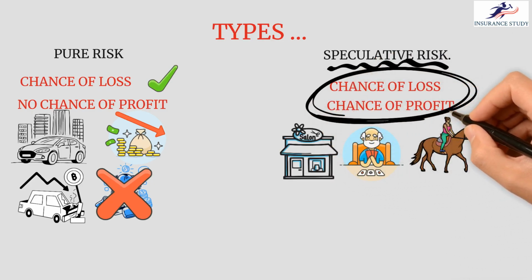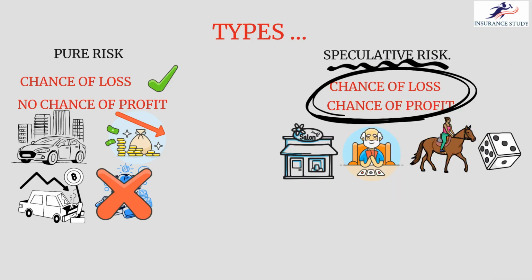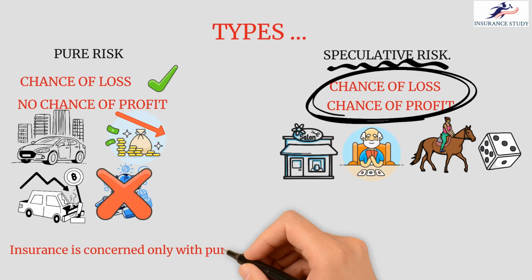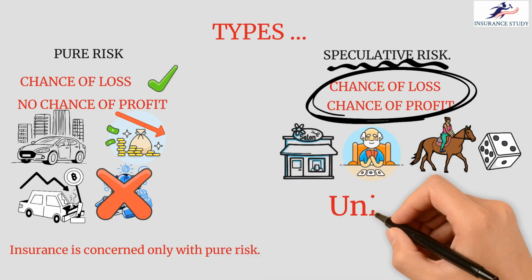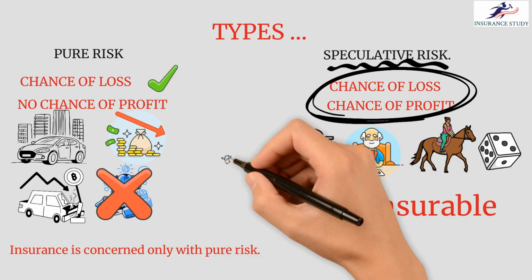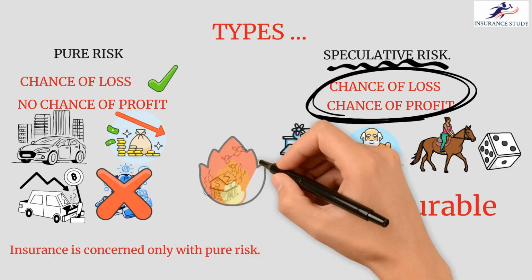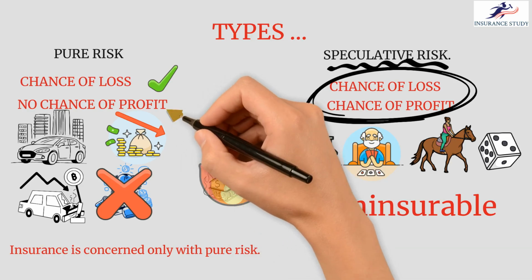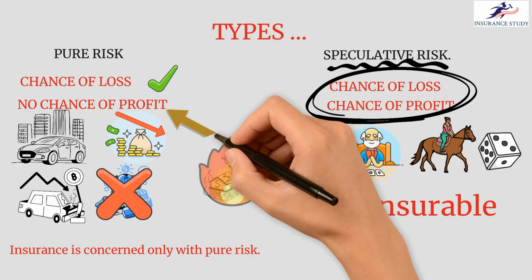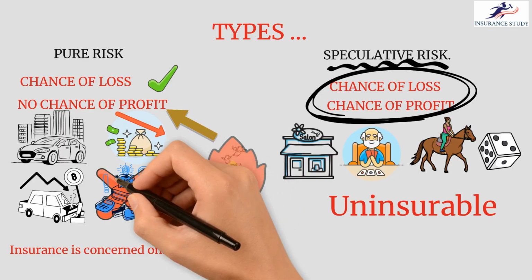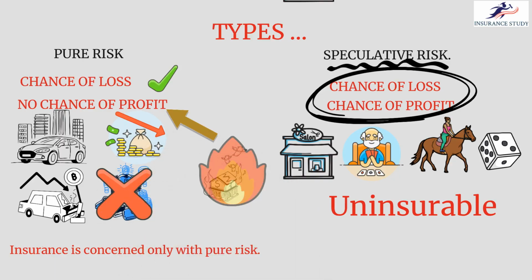And this distinction is extremely important because insurance is concerned only with pure risk. Speculative risk is uninsurable. Example, you own a house. There is a possibility that a fire could damage the house. So that is pure risk because you face a potential loss, not a profit. Now imagine you start a business.